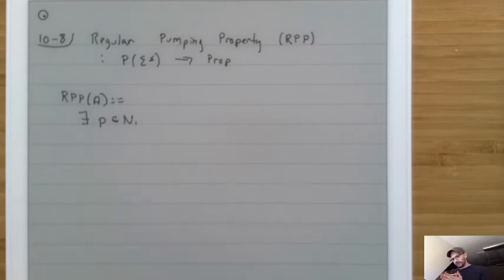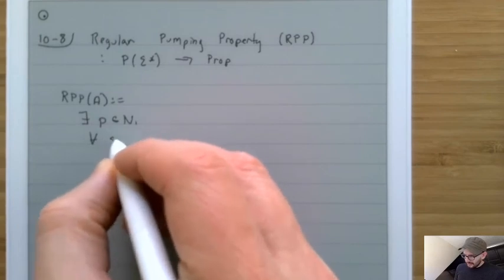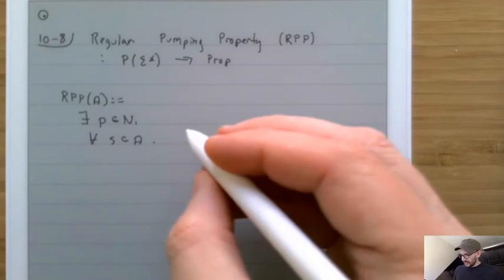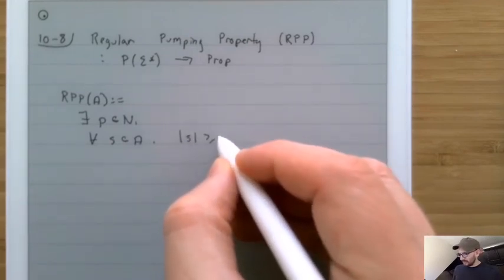That's when we're doing a proof of RPP, where we're proving it on regular languages, this is when we say p is the number of states. Where for all s inside of A, such that the length of s is greater than or equal to p.